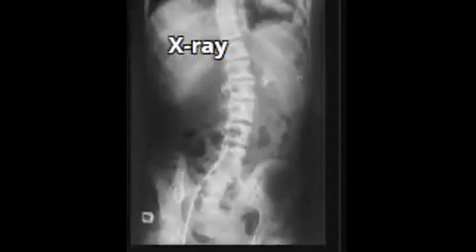Not very difficult, but okay. You would check for pneumothorax. I agree with you. But if you go to the abdomen, do you see any abnormality here in the abdomen?